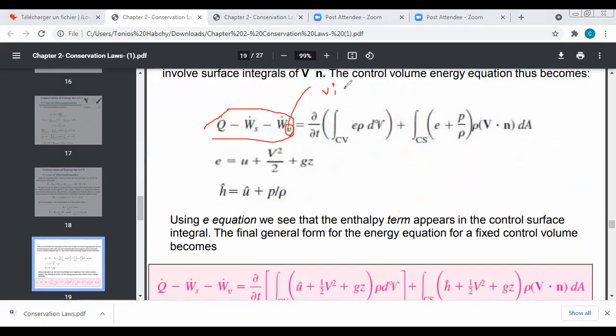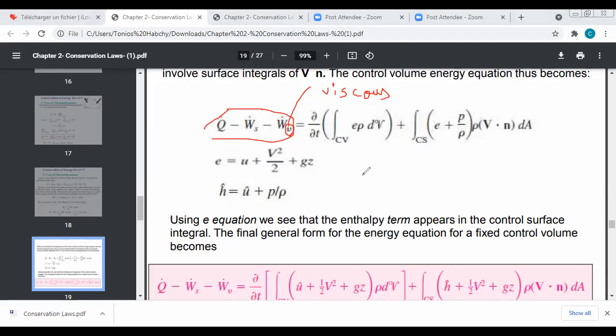So this is the rate of work for viscous forces. And as you can see, we have taken the term of pressure, which is the rate of work of pressure, to the other side. You know why we have taken it to the other side?